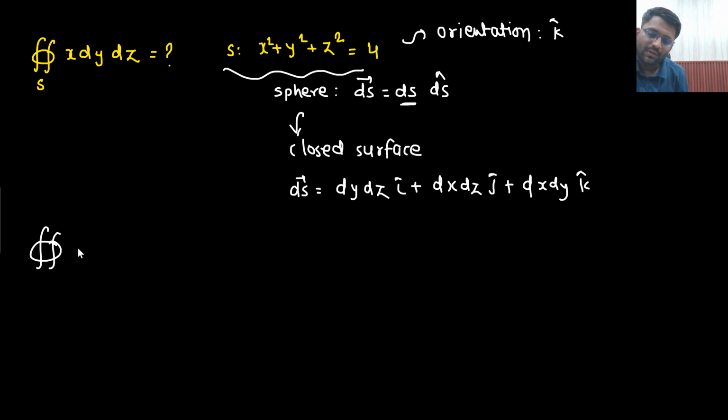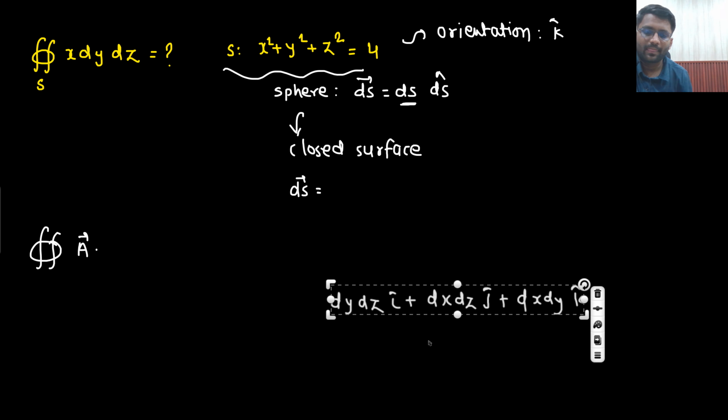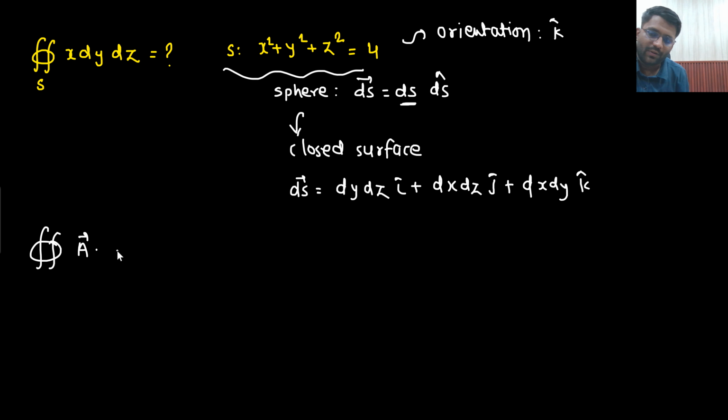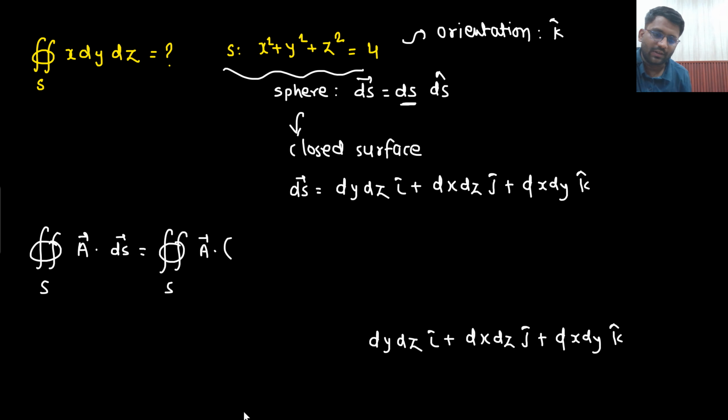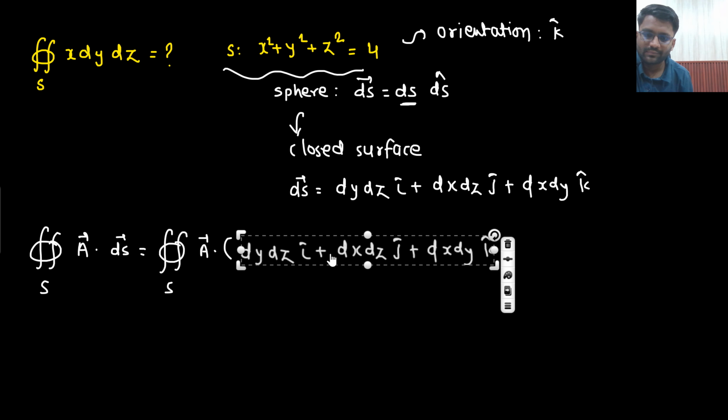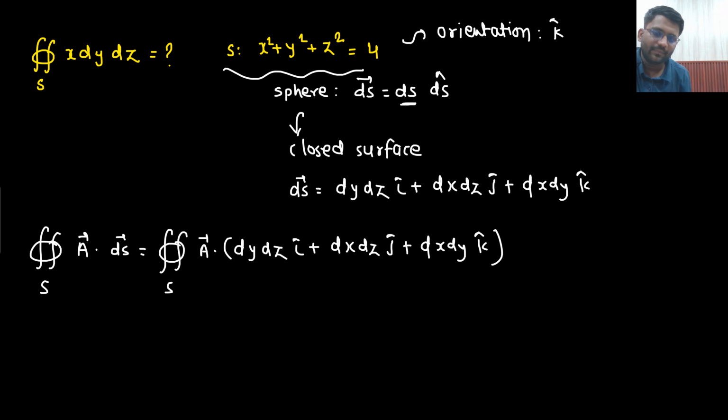So what I can do is a dot ds vector, which will be dy dz i cap plus dx dz j cap, and so on. Why write it again and again? Do one thing: for a closed surface, you do a dot ds, which will come out to be equivalent to x dy dz.